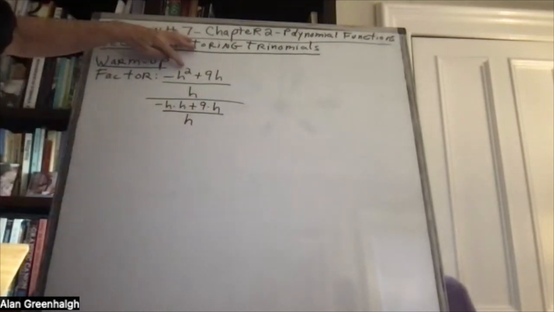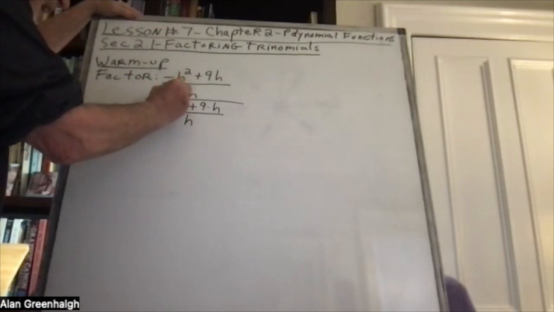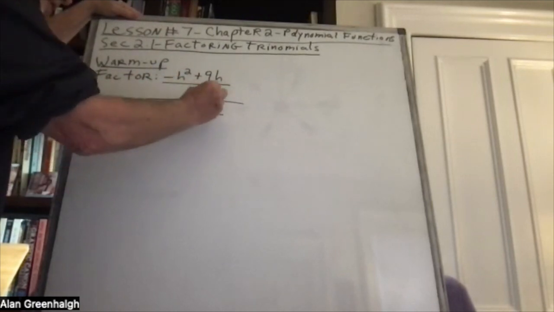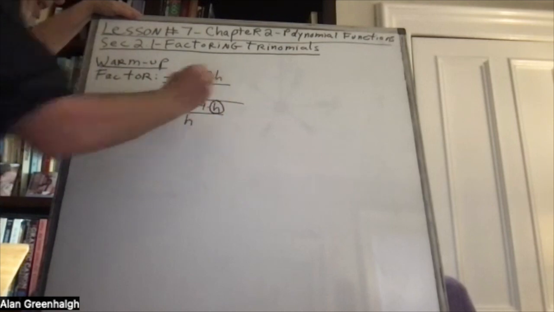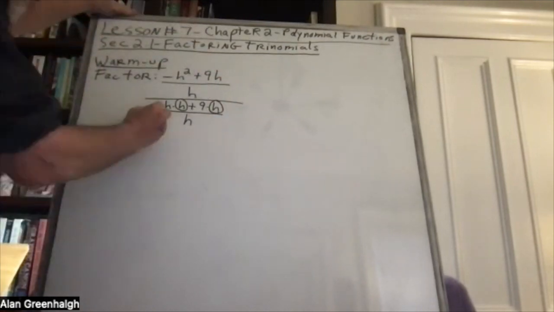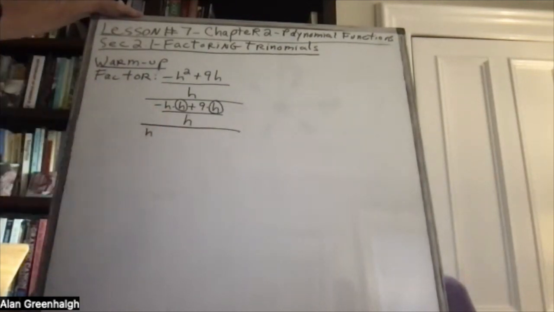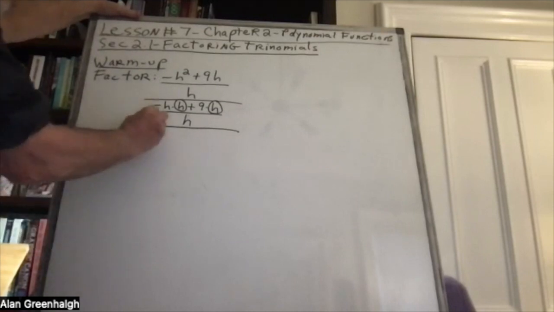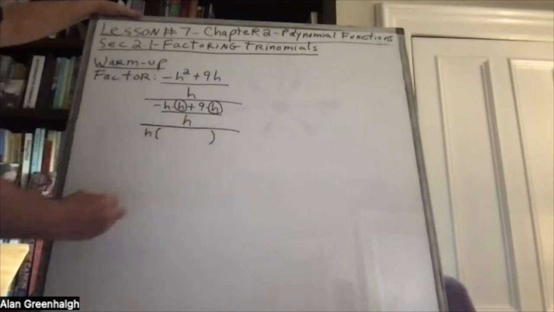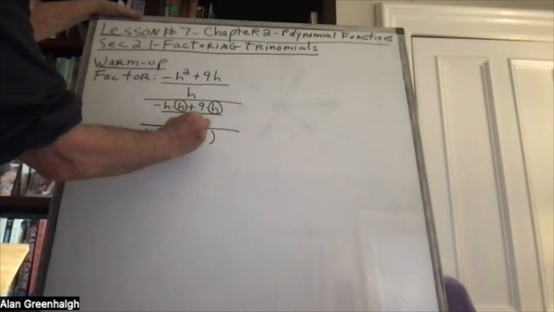This is what h squared means. So you look at this and say, okay, here's an h over here, and this term has an h. If the h is common in both terms, then that h can be pulled out of the binomial and put on the outside of the parentheses, and then inside is negative h, whatever is left over.